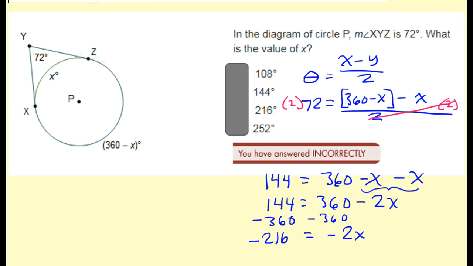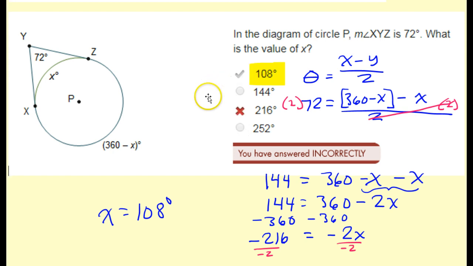Now we just have to divide both sides by negative 2. So x should equal 108 degrees. And there you go.